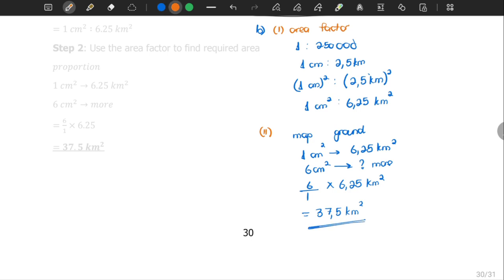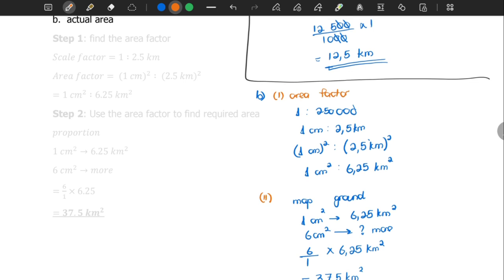So there are many approaches to this, in that I converted the ground from centimeters to kilometers first.